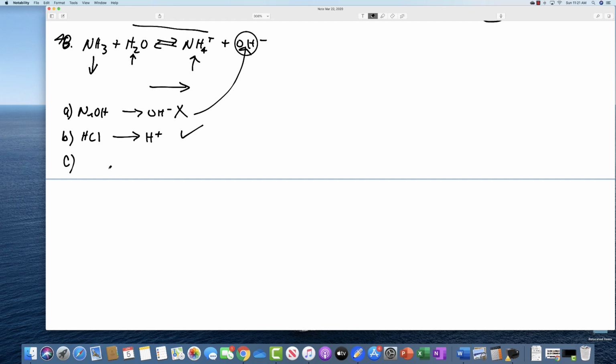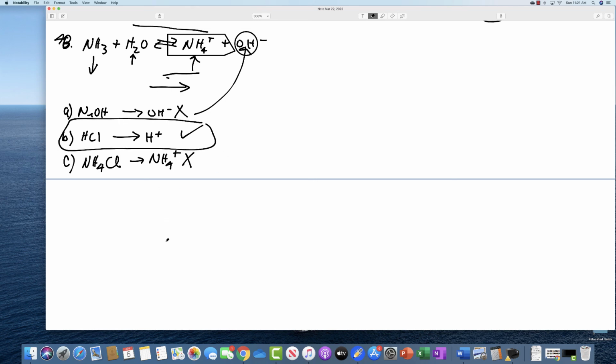C, if you add NH4Cl, well, NH4Cl adds NH4 ions. That has the same effect as adding NH4 here, which drives the reaction in this direction. So that's a no. So the only thing that increases the production of NH4 and the reduction of NH3 is this middle one.